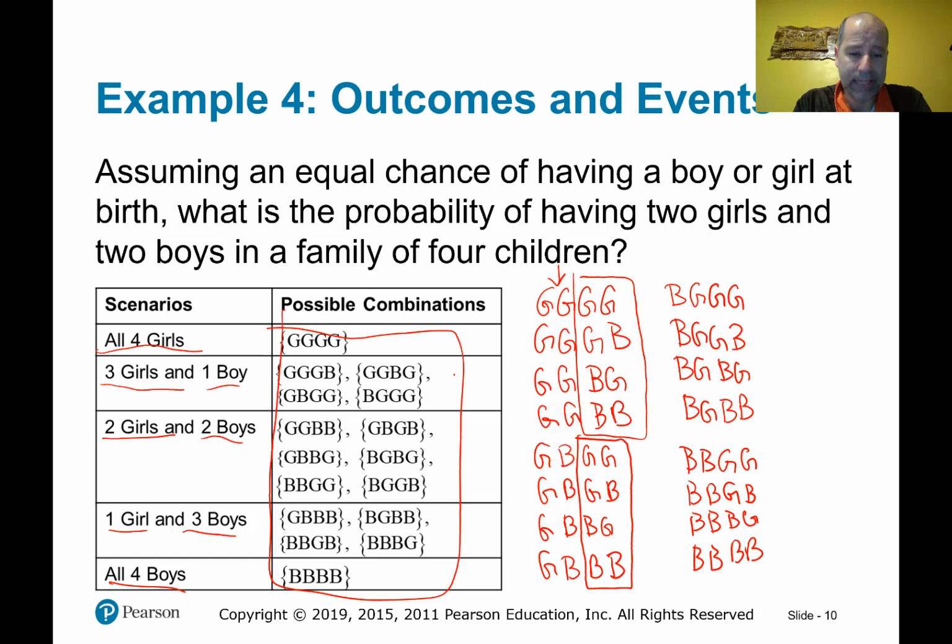And so now we can easily count, 1, the total possible outcomes is 16. So we know the probability of getting exactly 2 girls and 2 boys, or just 2 girls, right, is going to equal what? How many ways can we get exactly 2 girls and 2 boys? There are 6.